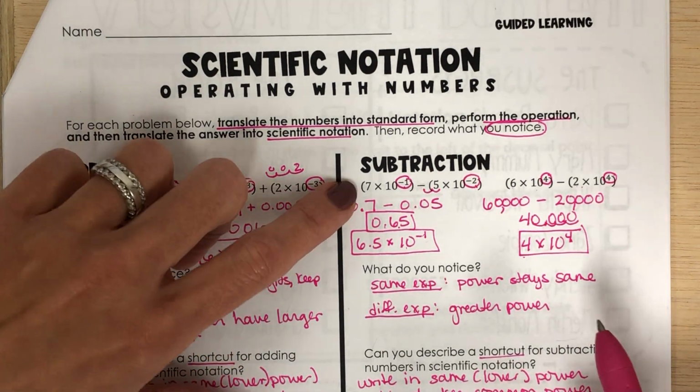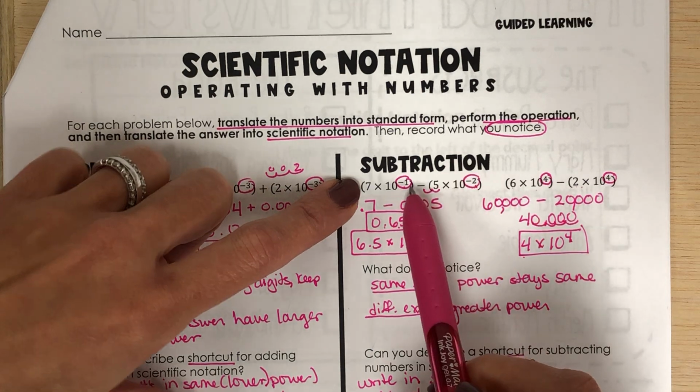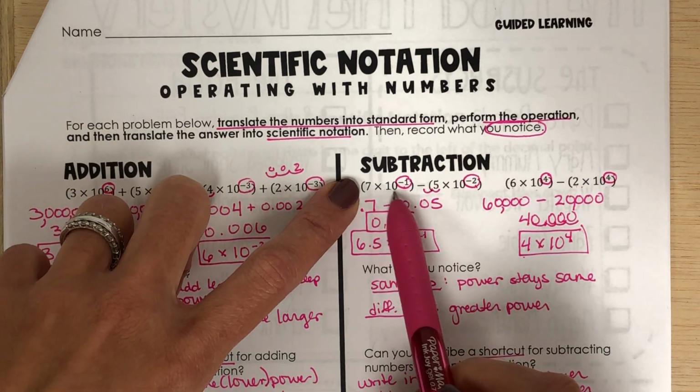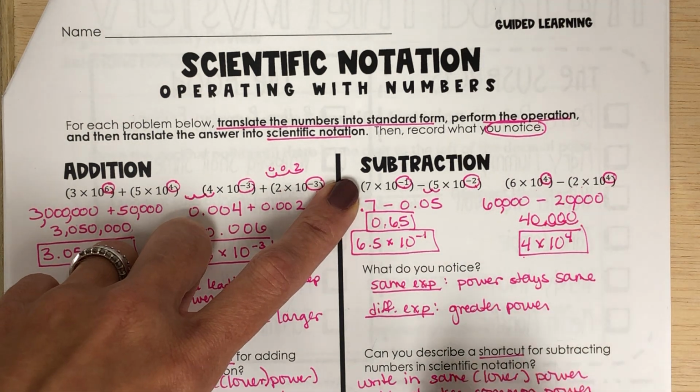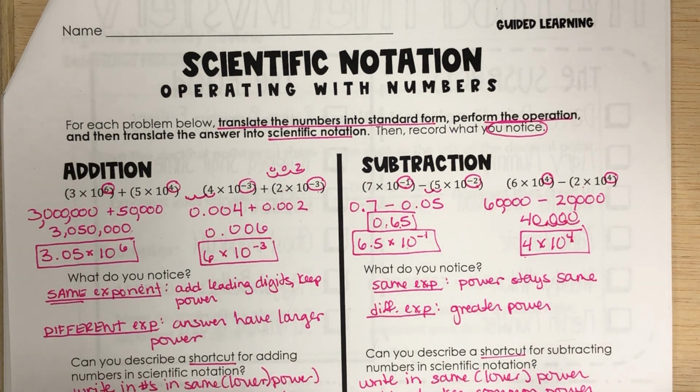So for example, with this one up here, I want to rewrite 7 times 10 to the negative 1 as a lower power. So that would be 70 times 10 to the negative 2. And then I'm going to subtract this 5 times 10 to the negative 2. Now that they're the same power, I can just subtract my leading digits.